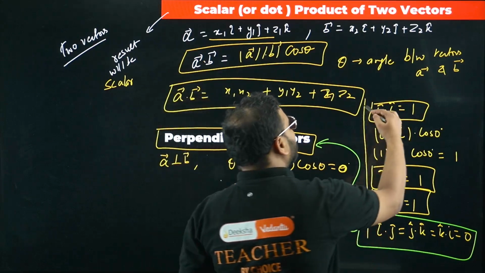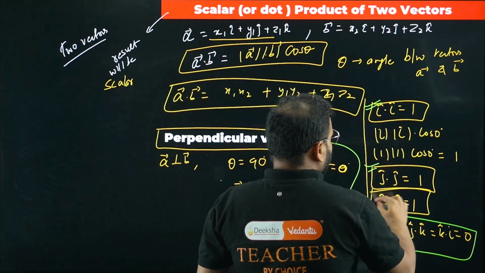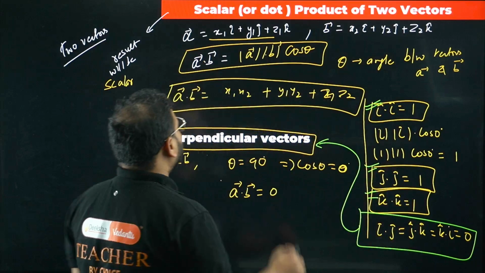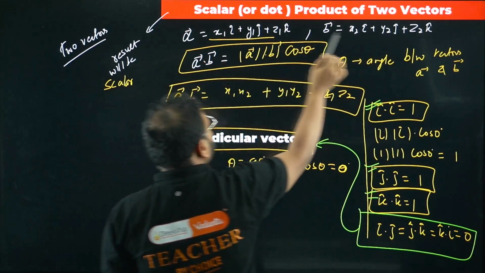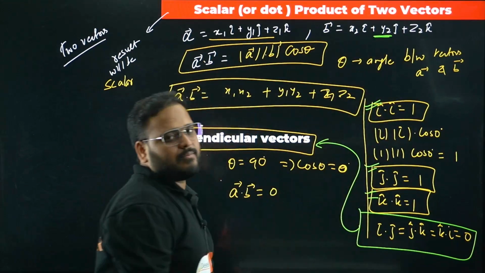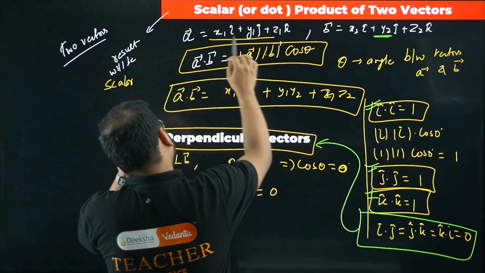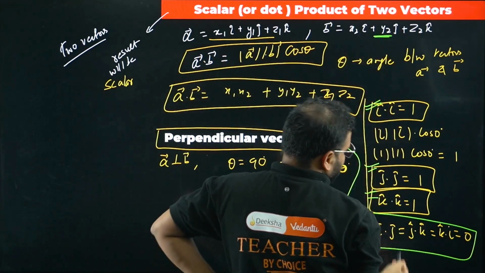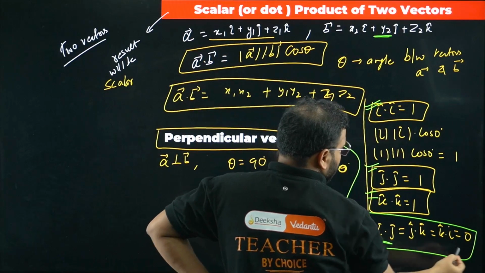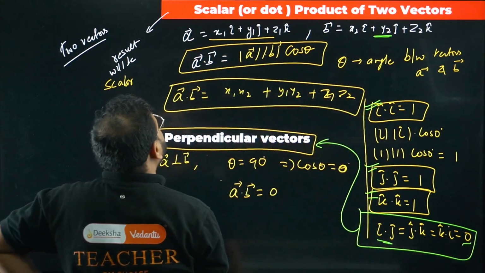That's why I did not multiply x1 with y2. If I multiply x1 with y2, I'll have to multiply i cap with j cap, which is equal to 0. Hence, I did not multiply that.